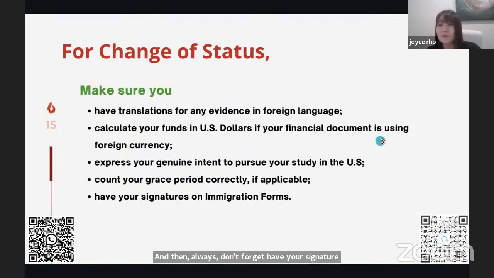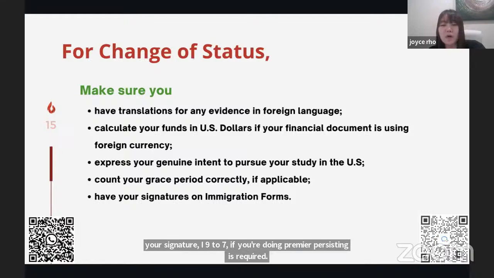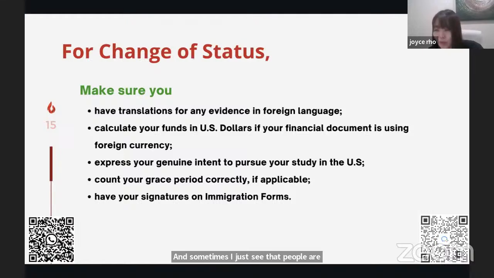Especially the I-539 requires your signature, and the I-907 is required if you're doing premium processing. Sometimes I see that people forget their signature on the I-20, which can also be a problem. So don't forget to sign the I-20 once you get it from school.